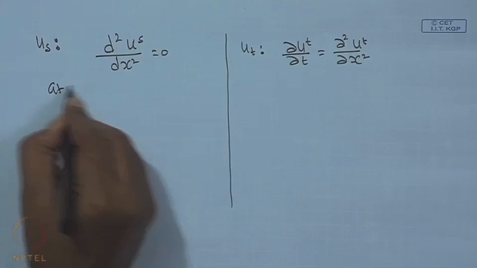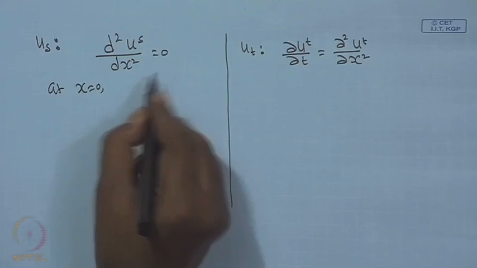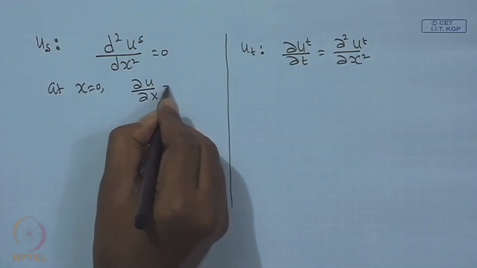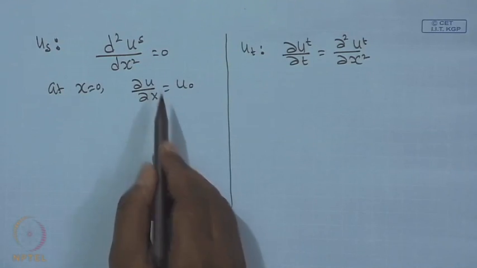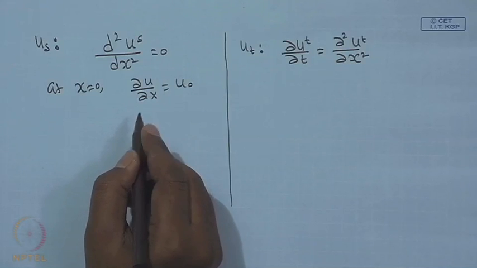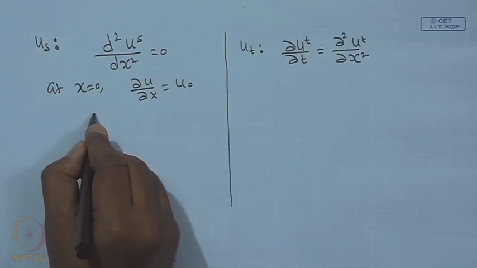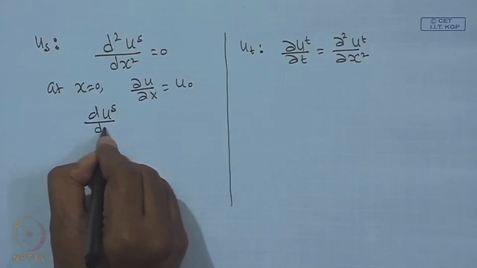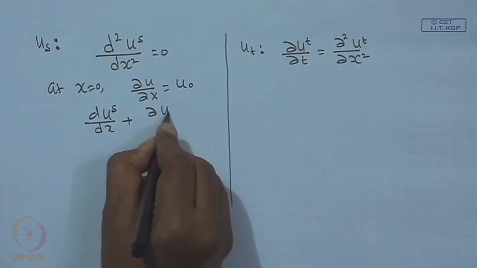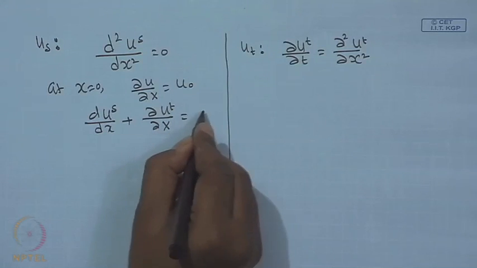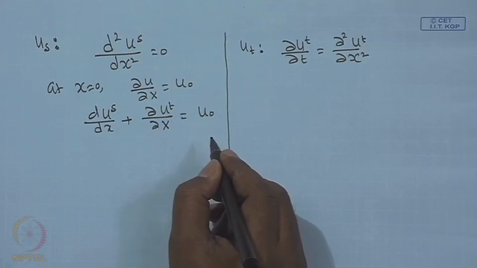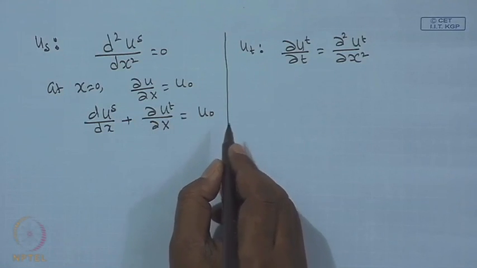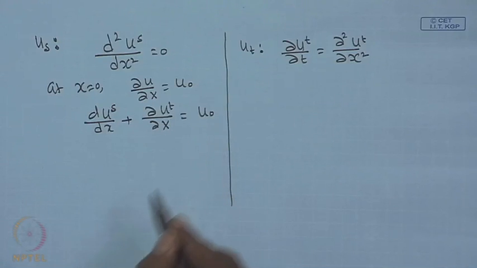Okay. Now, we get the boundary conditions on x. At x is equal to 0, you have del u del x is equal to u naught, that was the boundary condition of the mother problem. Then we substitute u is equal to u s plus u t. What you will be getting is d u s d x plus del u t del x is equal to u 0. So, we do a judicious selection of association of u naught to the steady state part.